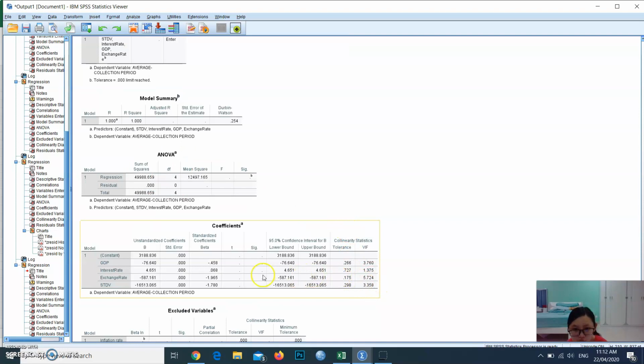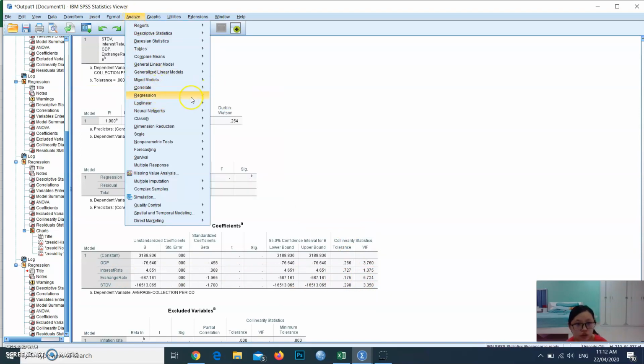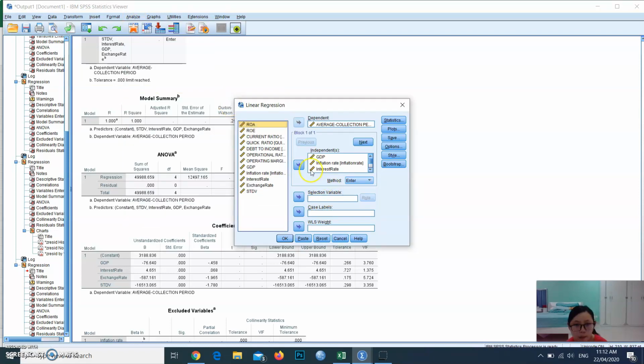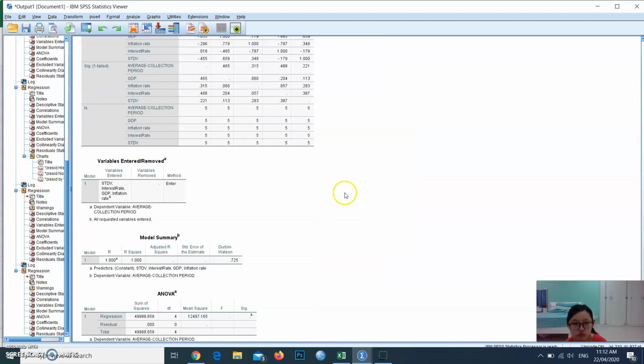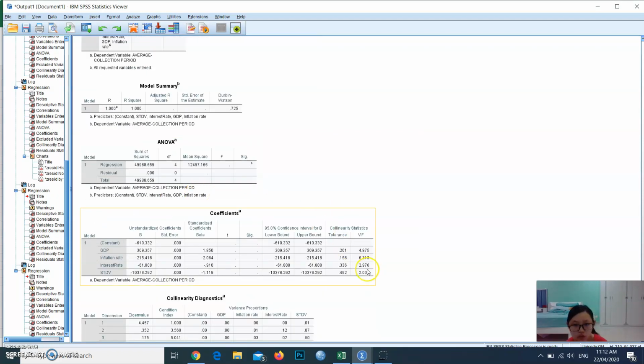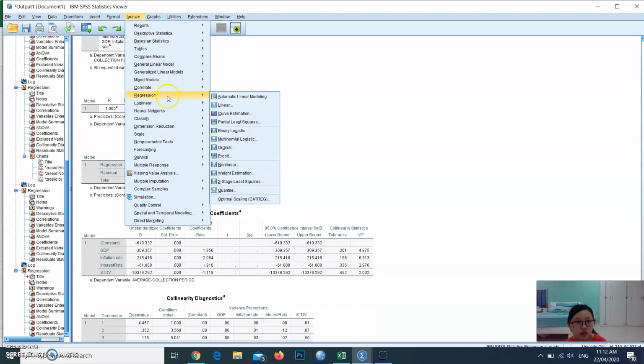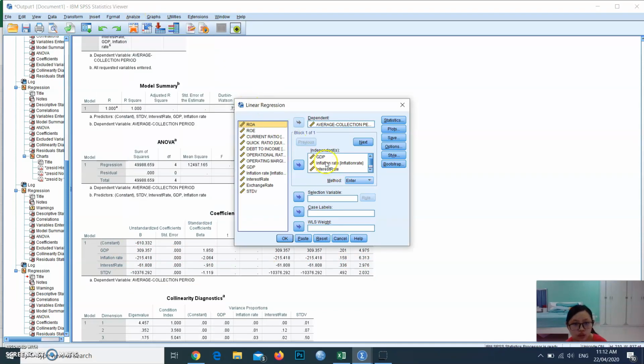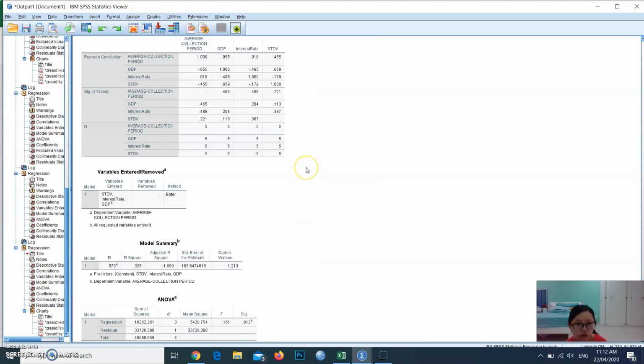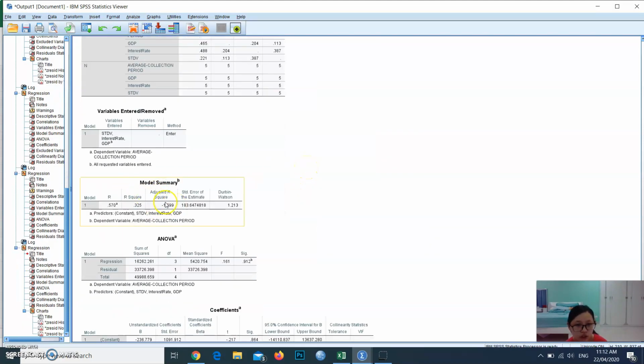The highest one is exchange rate, so remove the exchange rate. Same thing, so remove the inflation rate. Finally, the number appeared.